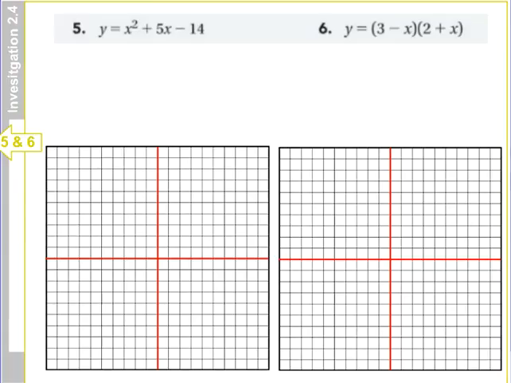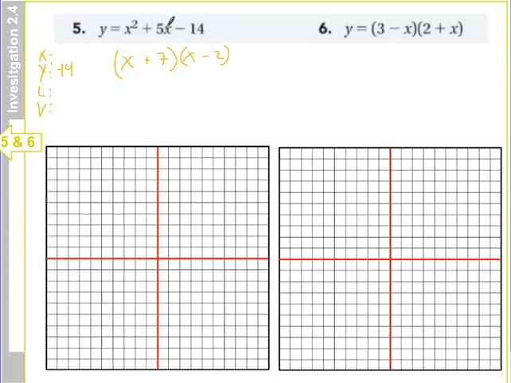And I'm going to go even faster here. So -14 because it's an expanded form. So two numbers that multiply together to get -14 are going to be positive 7 and -2. x times x is x squared, and 7 minus 2 is 5.